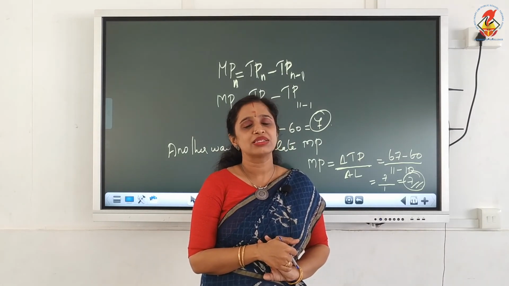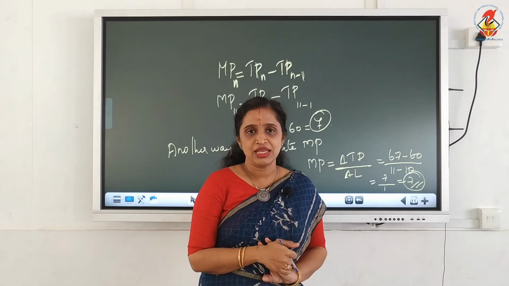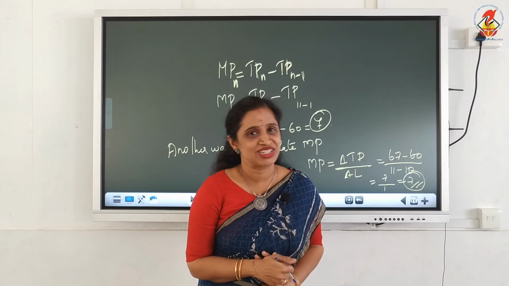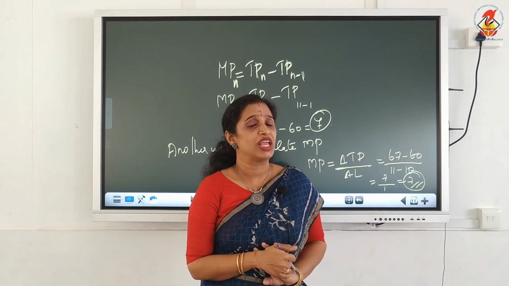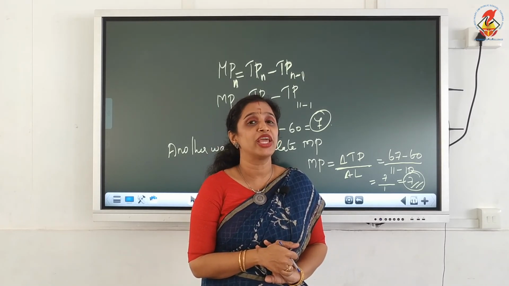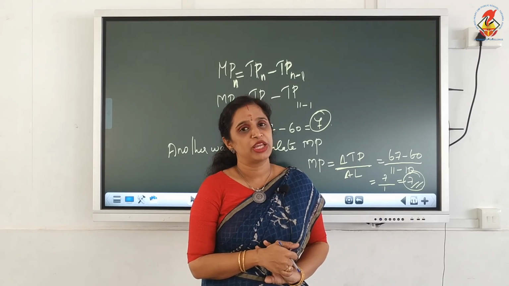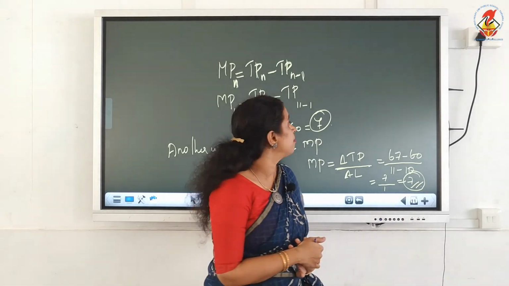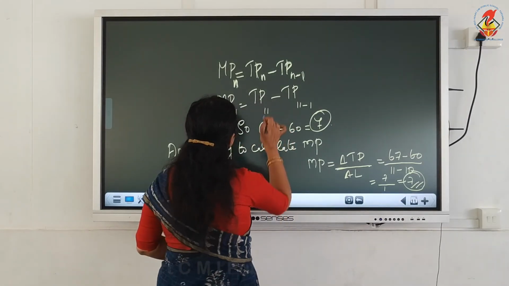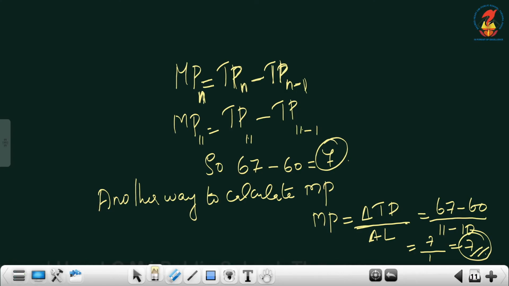The only thing is there we are using utility, but here you are using product. So MP of N is equal to TP of N minus TP of N minus 1. Here, MP of which unit are you going to find out? MP of 11th unit is equal to TP11 minus TP of N minus 1.